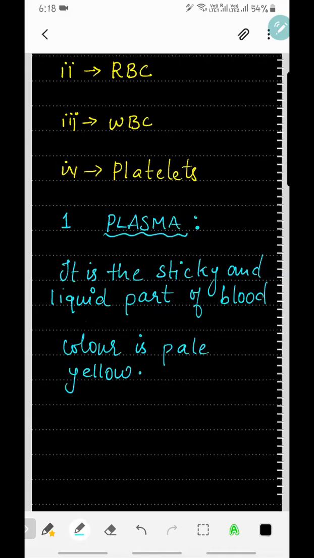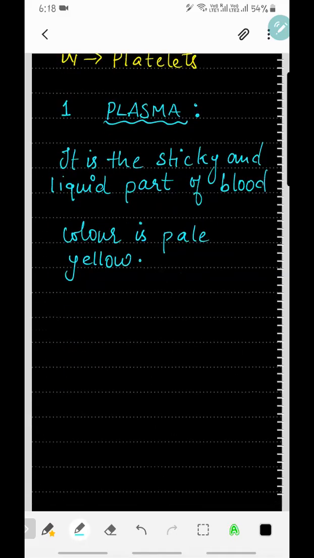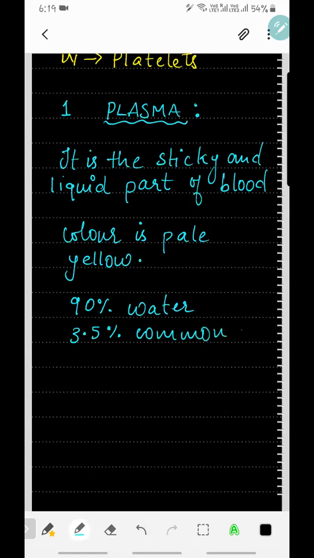In this, 90 percent is water and 3.5 percent is common salt.